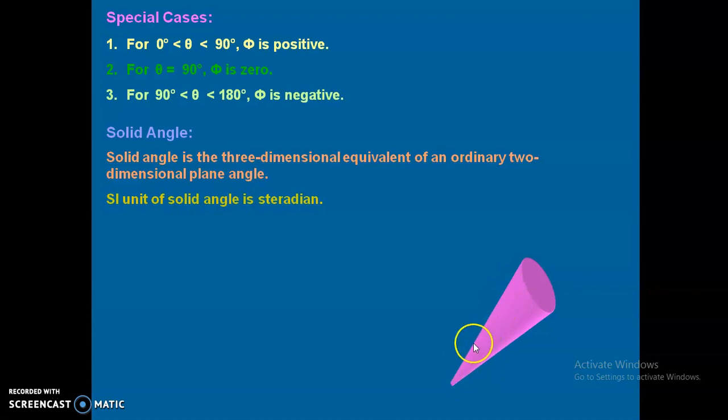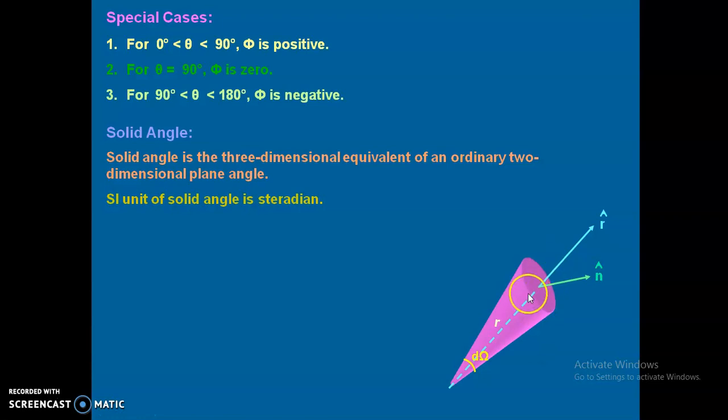So the angle which is formed at the center is the solid angle. This vector is the position vector r cap. We choose a very small area, so a very small angle will be formed, d omega.